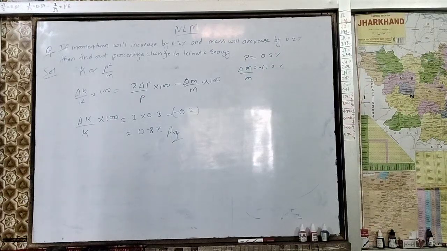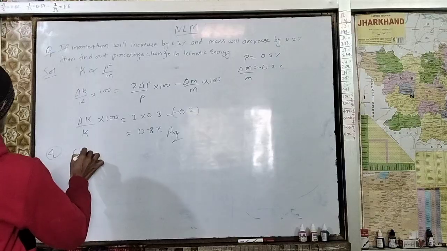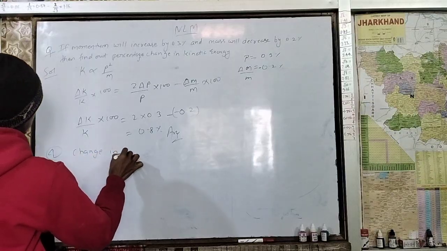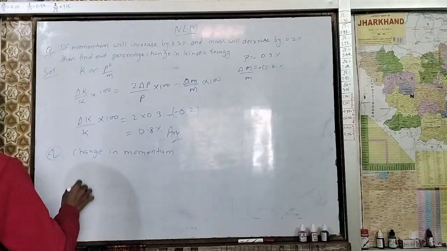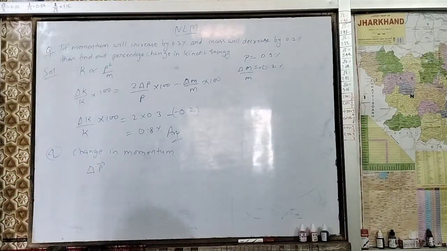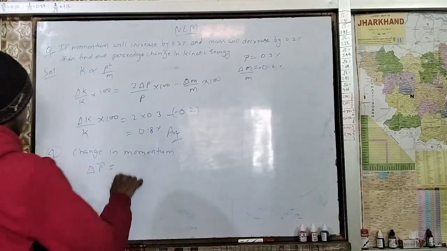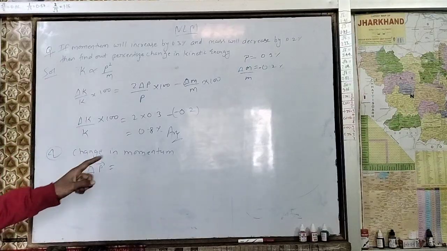Now the next, fourth point is change in momentum. Try to understand. The complete momentum will be delta. But it is asking what is the change in this complete momentum. We will write final momentum minus initial momentum. This complete change means final minus initial.